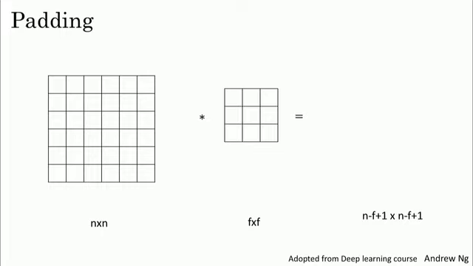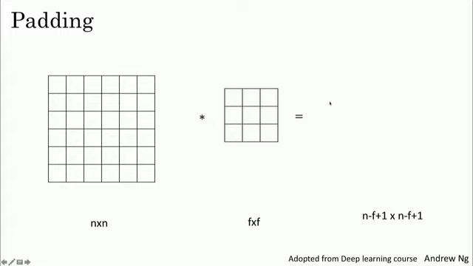Padding. Padding is one of the building blocks of a convolutional neural network. If you remember, in the previous picture I showed you a 6 by 6 input, which was convolved by a 3 by 3 filter, and the output was 4 by 4.